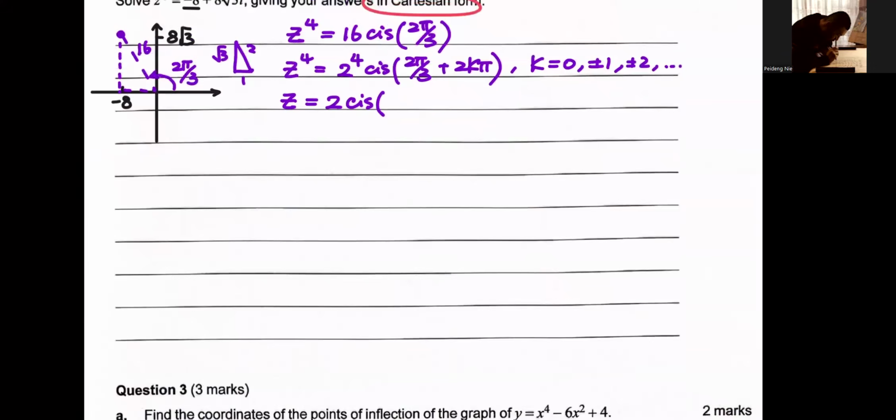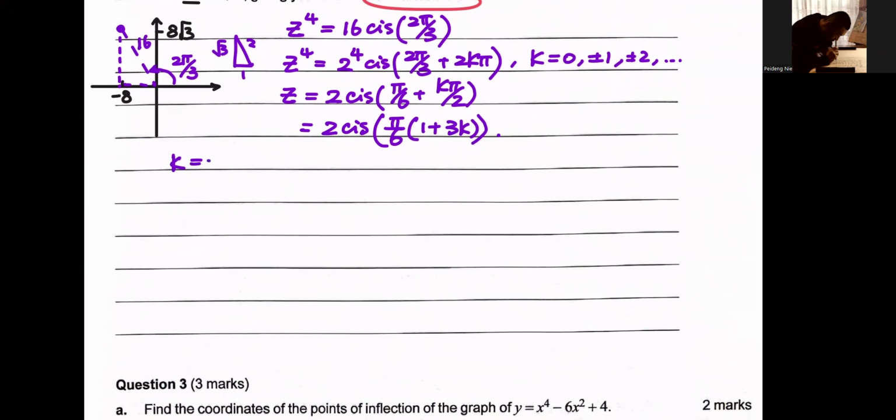So 2 pi over 3 divided by 4 is pi over 6 plus k pi over 2. We can write this in a more elegant form, taking out a pi over 6: 1 plus 3k.